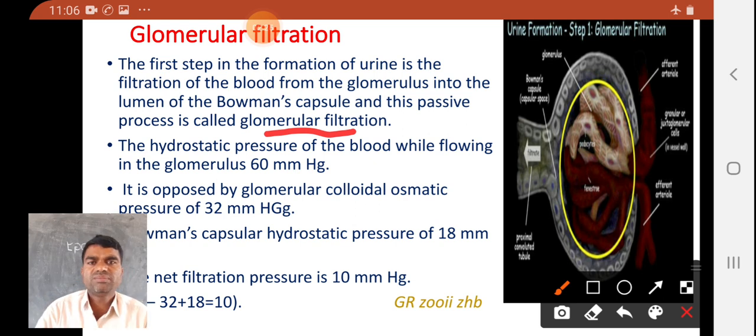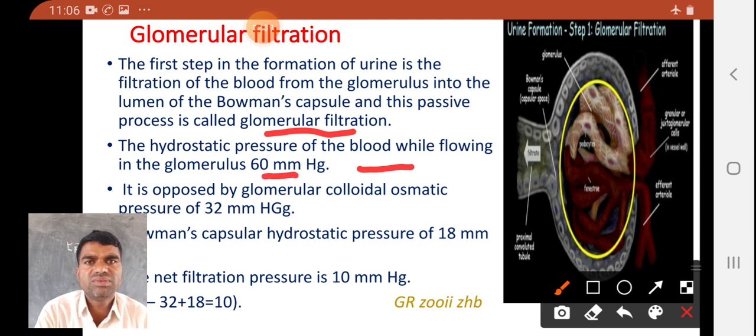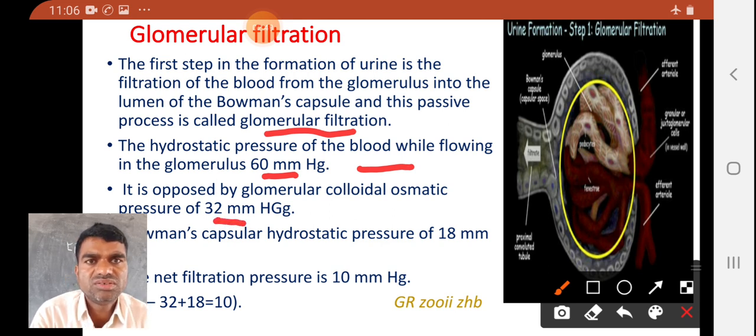In this first step there are different types of pressure. The hydrostatic pressure of the blood while flowing in the glomerulus, how much? 60 mm Hg. It is opposed by glomerular colloidal osmotic pressure, how much? 32 mm Hg.